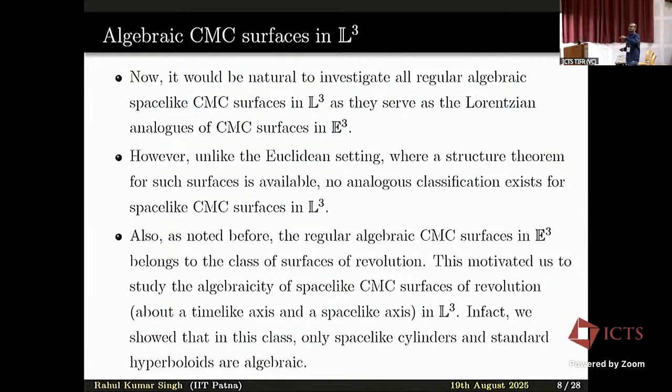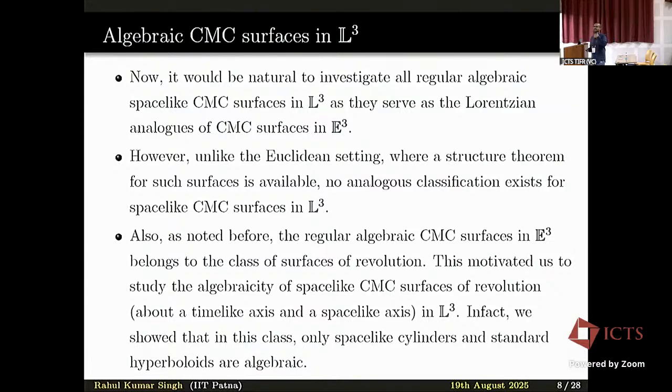So in this case also, for L3, we are going to just focus on space-like CMC surfaces of revolution. But now, when you're in L3, if you take a line, it can have a different causal character. So you have to think of surfaces of revolution along each such axis.